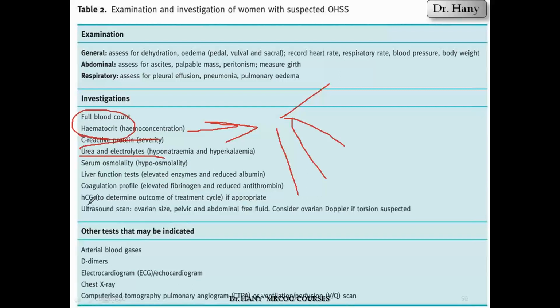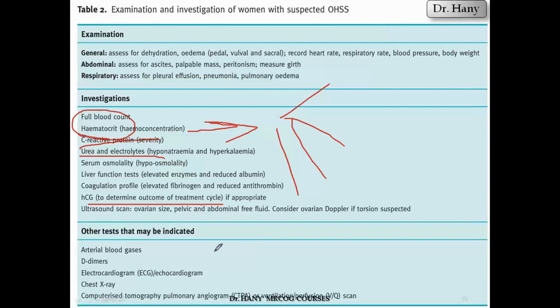If she got pregnant with ovarian hyperstimulation syndrome, she will be at risk of failure, VTE, abortion, and high risk pregnancy, and giving low molecular weight heparin in the first trimester. What else is indicated? Arterial blood gas, D-dimer, ECG, chest X-ray, and CTPA if the woman got pulmonary embolism.